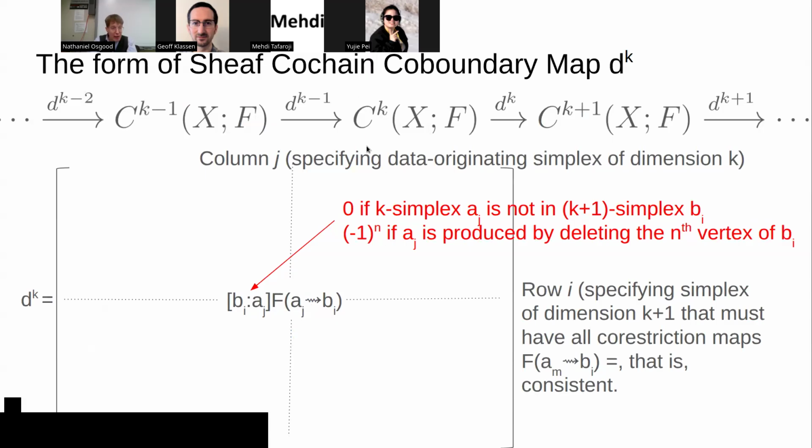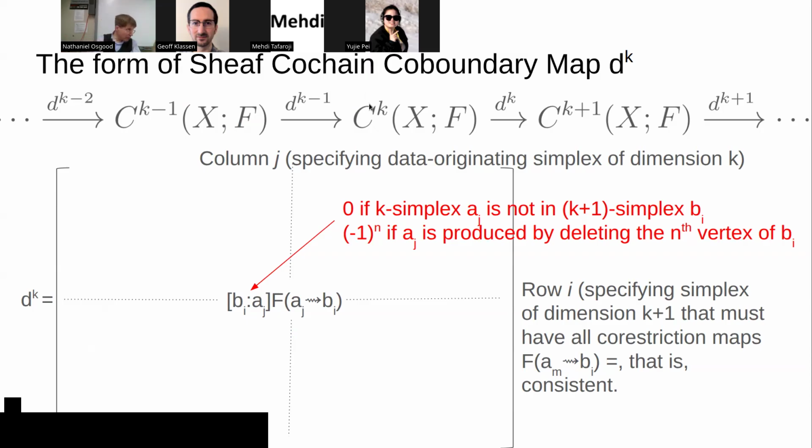And that's what this is: one of these giant super stalks sitting over the k-simplices, giving all the values you can have, the vector space of possibilities for all simplices of dimension k.